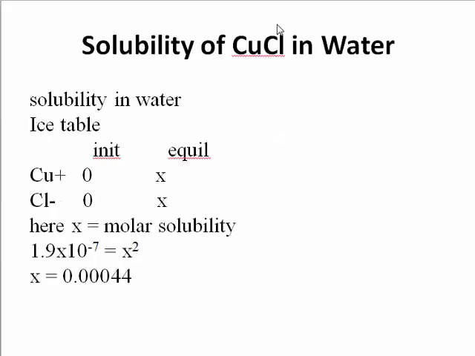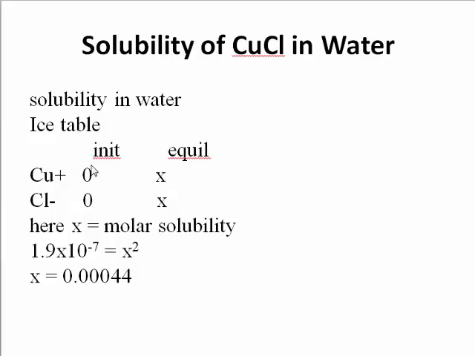Alright, solution for A. Copper chloride in water is a straightforward molar solubility problem similar to the ones you've already seen. An ICE table has no concentration of copper and chloride initially.